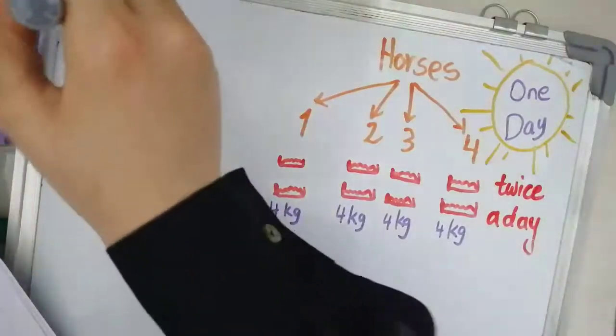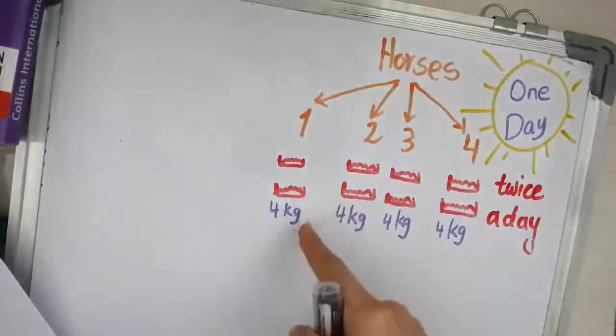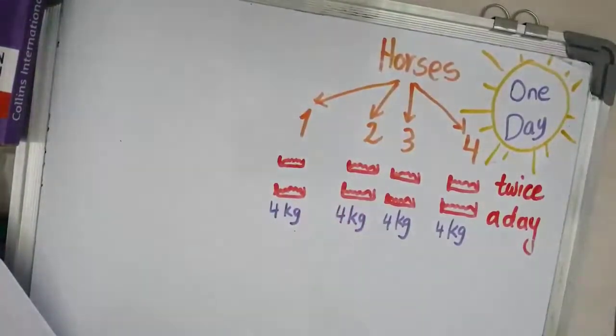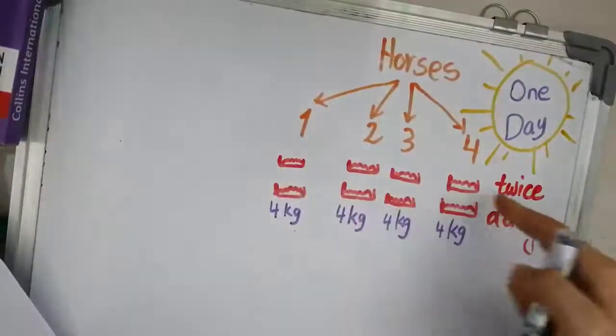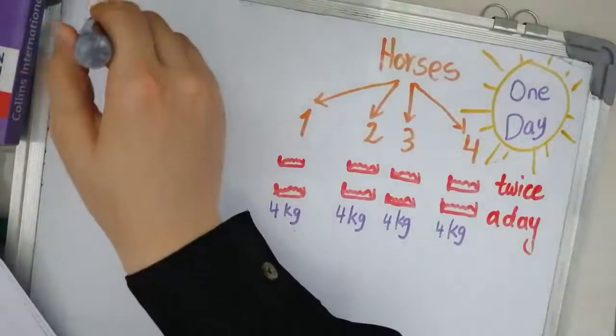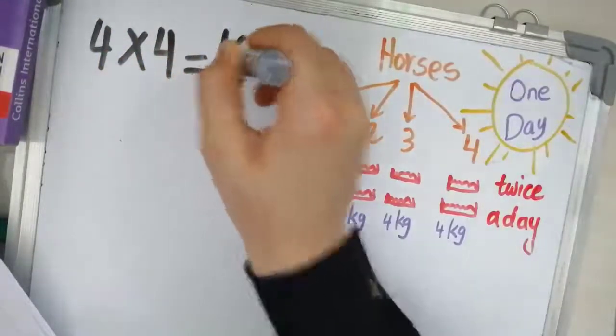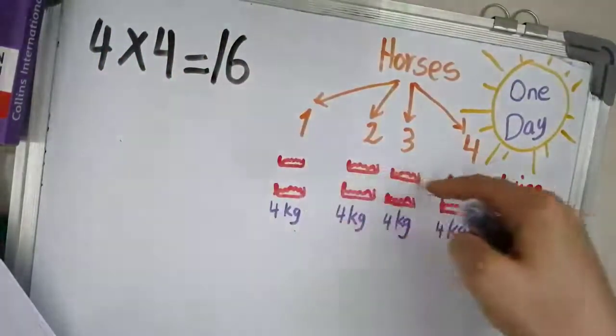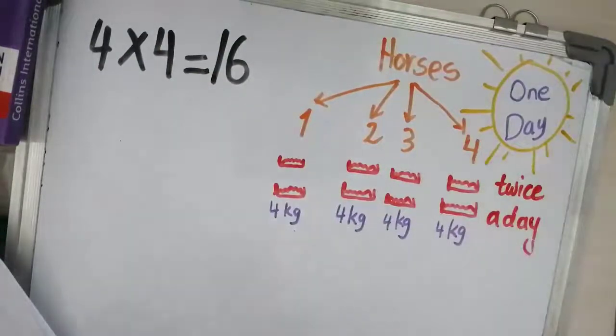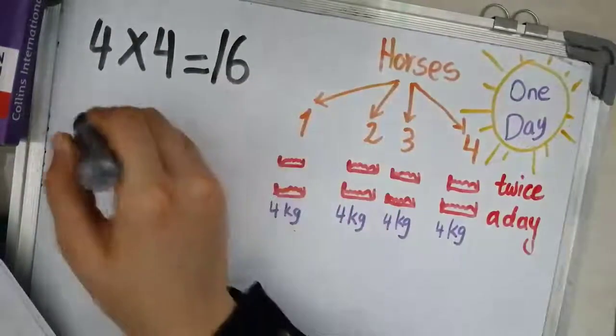4 horses, for each one, 4 kilograms of oats for the first time. That is 4 times 4, which is 16. This is the first meal. Second meal is again 4 times 4, which is 16.